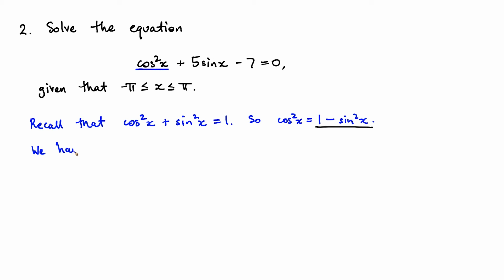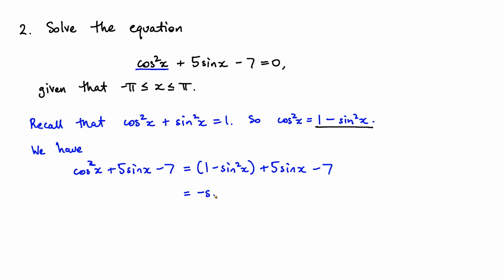So we have cosine squared x plus 5 sine x minus 7 is equal to 1 minus sine squared x plus 5 sine x minus 7. And if we just fix this up, we get a minus sine squared x, we have the plus 5 sine x, and then 1 minus 7 is minus 6. So we've rewritten the left-hand side of our original equation.